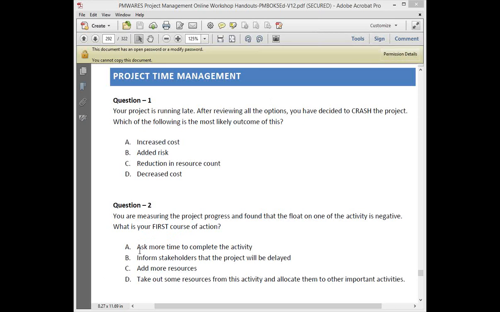The matter is what information you are giving to stakeholders. In that earlier question, it was the analysis which you were presenting to your stakeholders. Here you are not presenting analysis and looking for more resources to complete on time.